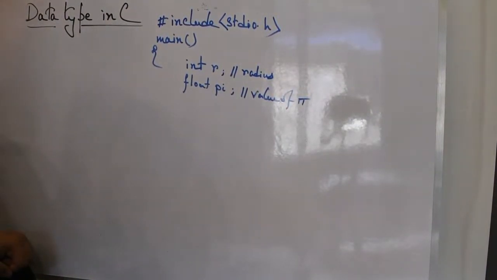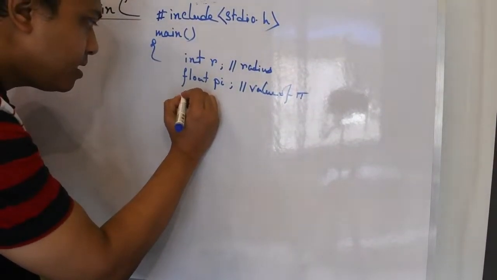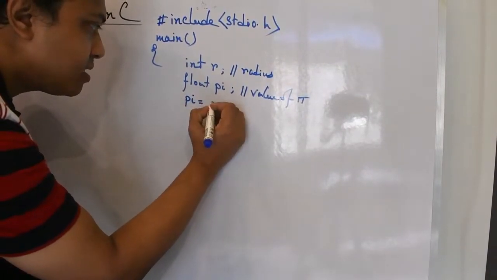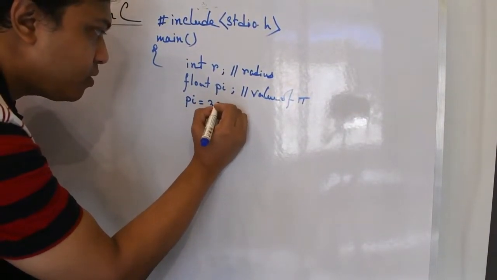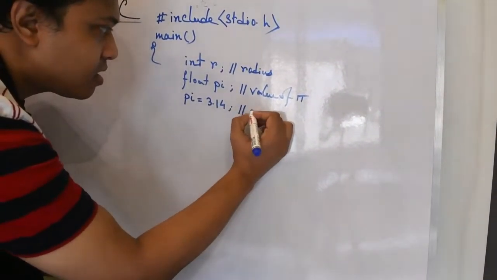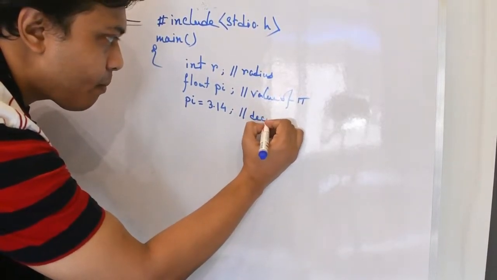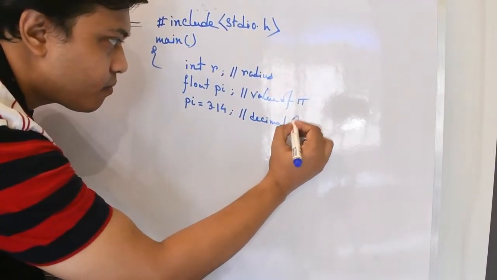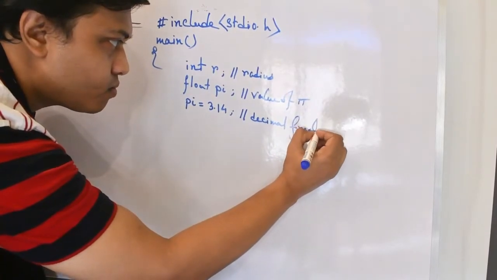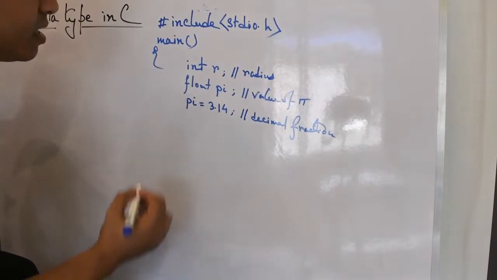We are going to take the radius as input, and we know the value of pi. So what is the value of pi? The value of pi is 3.14, so a decimal fraction has been assigned to a float variable.